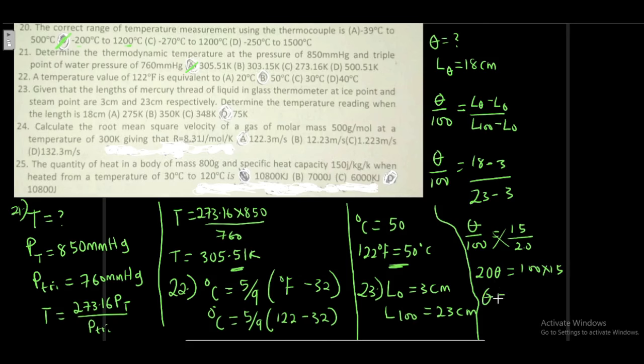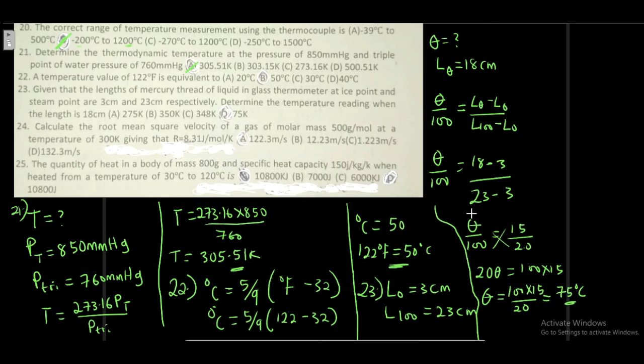So the unknown temperature is 100 times 15 all over 20, and that will give us 75 degrees Celsius.